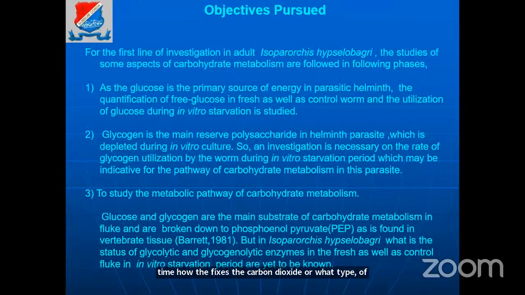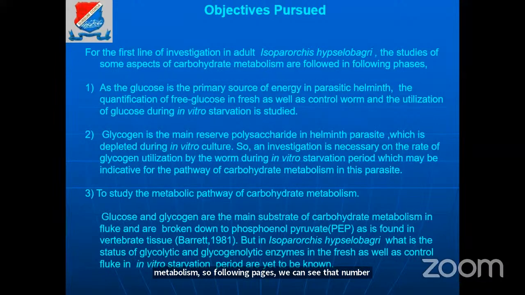So in our first line of investigation, the adult parasites of Isoparorchis hypselobagri, we studied some aspects of carbohydrate metabolism. The following phases we considered. Number one, glucose is the primary source of energy of parasitic helminths.